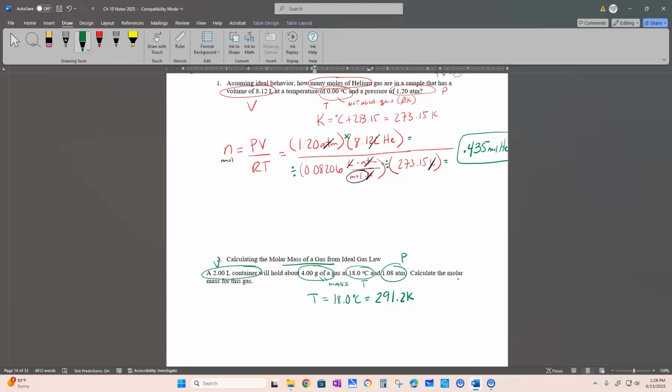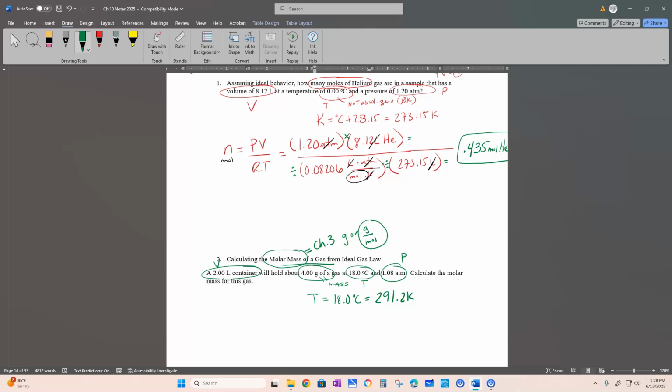And so let's calculate molar mass. Well, let's remember something about molar mass. In chapter 3, I taught you there's another way of writing molar mass: grams per mole. Why did they mention this 4 grams? It's because we need to get used to molar mass being grams per mole.